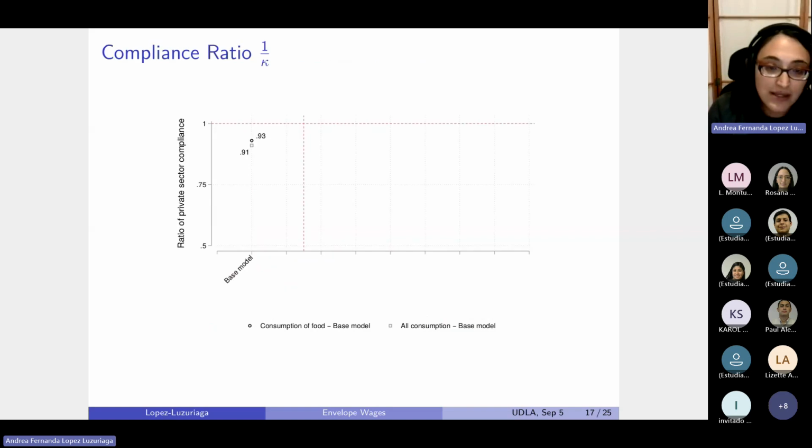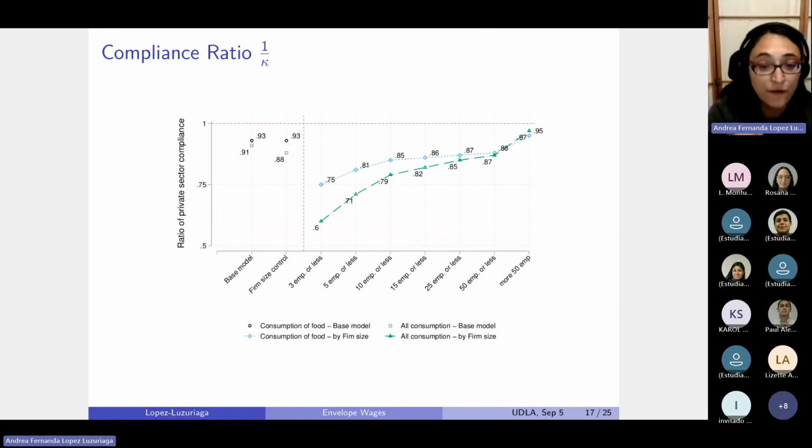And the way to read this is, if I work for a small firm, for every dollar the public sector employee reports, the private sector employee will report around 75 cents. And this evasion gap, this envelope wage, starts disappearing as I keep increasing the firm size. So once I have large firms of 50 employees or more, there's no difference in patterns of consumption between public and private sector employees.